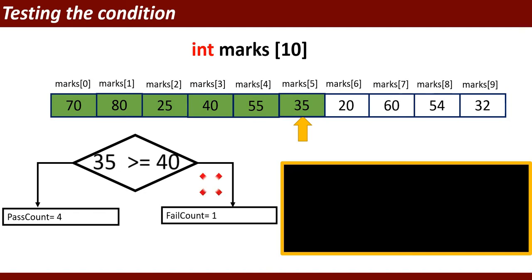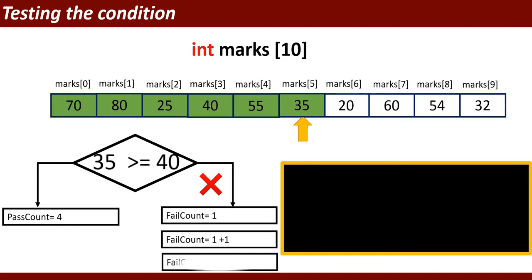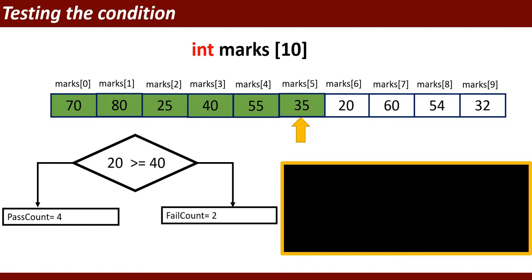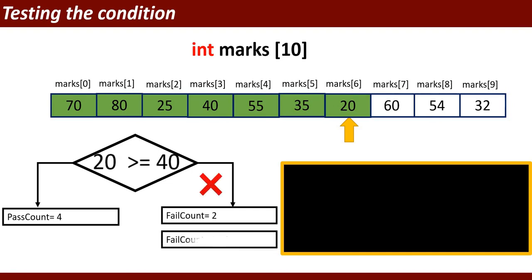In case of false, it will increase the value of fail count by 1, and fail count value will become 2. Next, it will check 20 is greater than equal to 40. That is false, and it will increment by 1 in fail count, and fail count value will become 3.